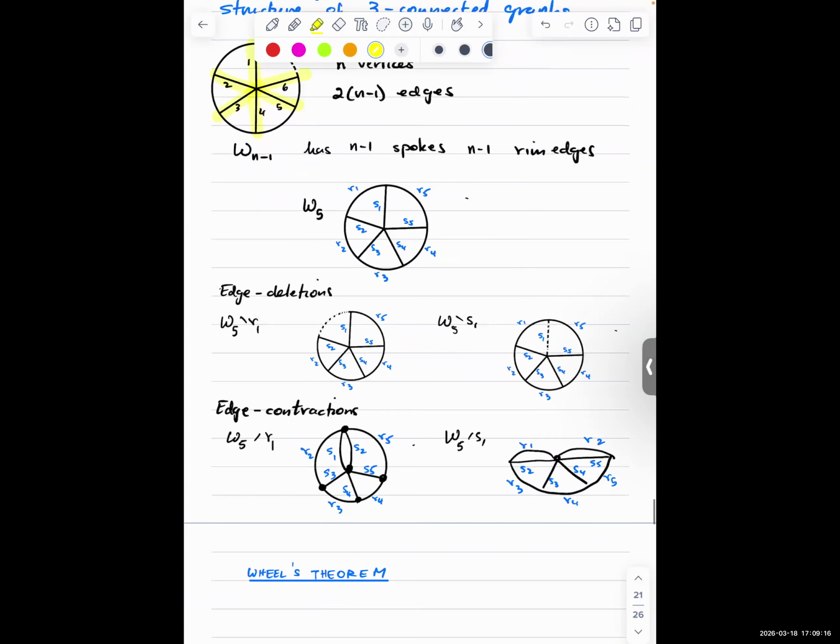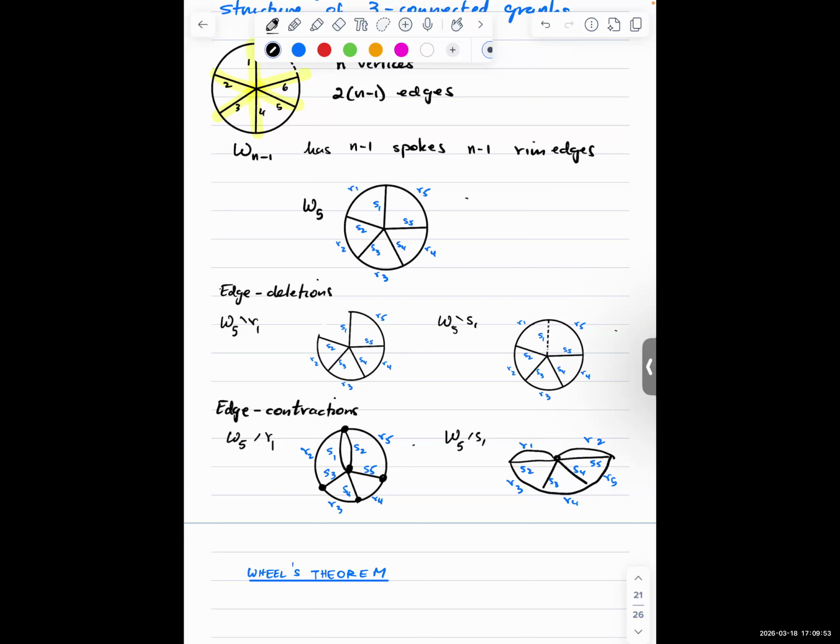Now, there are two kinds of edges in the wheel, rim and spokes. There are no other kinds. We're really talking about edge orbits here, but this is simple enough that we don't need to get into the automorphism group and all that. So if you remove a rim edge, you've gone from 3 connected to 2 connected.